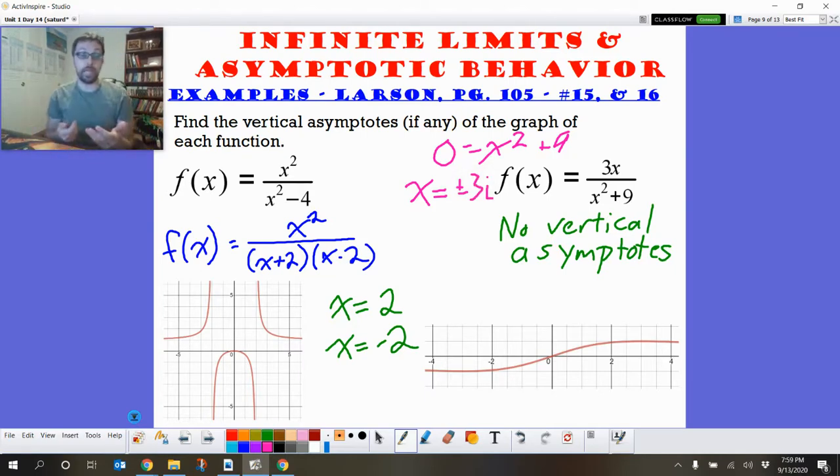That's an imaginary answer, and there are no imaginary numbers on our xy coordinate plane. All of them are real numbers. If you went out into a third dimension off of your plane, then you could start seeing some of that stuff happening, but there's not going to be anything on our graph because there's nothing we can put into the denominator to make it 0. Can't make it 0, no vertical asymptotes, no holes in the graph.